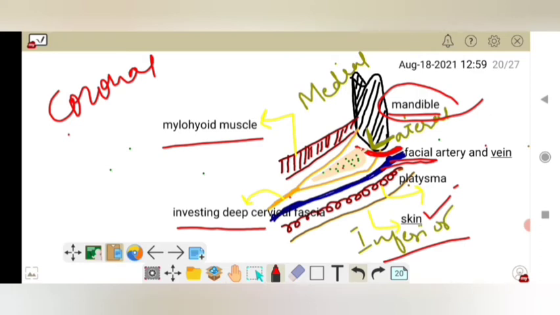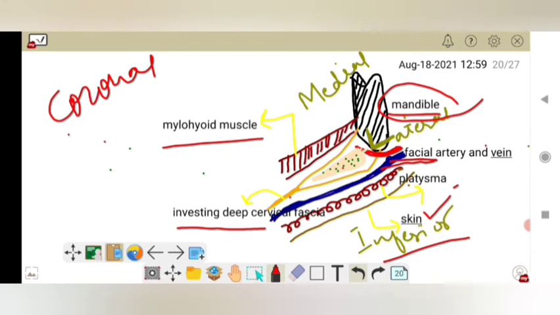Laterally we have submandibular fossa because lateral surface is related to the medial surface of the mandible. We have submandibular fossa of the mandible, and in relation we have medial pterygoid muscle, close to its insertion. On medial surface, medial pterygoid muscle gets inserted.